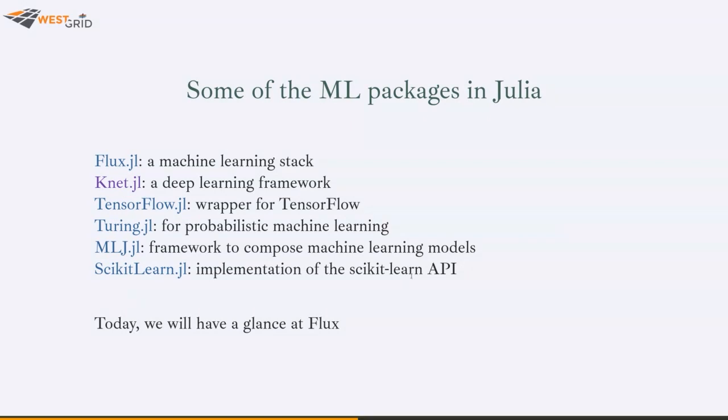Scikit-learn allows you to implement the scikit-learn API. But there are others. So really, it's been pretty huge in Julia, and it really isn't surprising considering how suited Julia is for calculus and mathematical models.